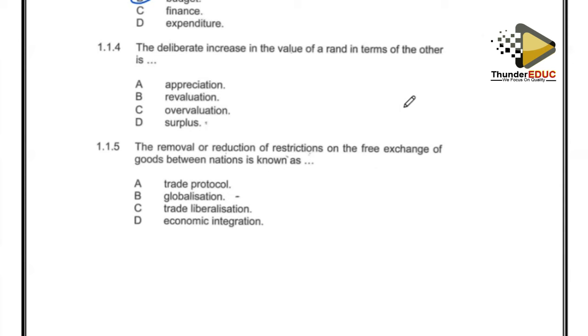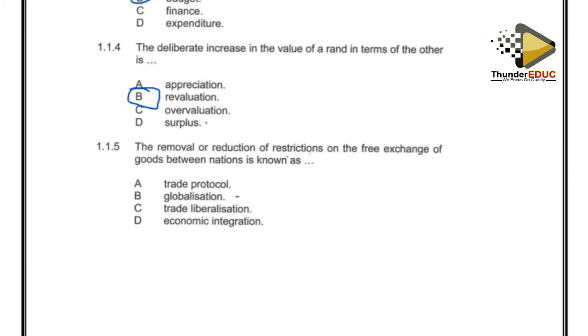So remember, grade 12s, only central banks are able to print money. There's no other institution that can engage in printing money or in regulation of the flow of money. Okay, right. So now let's check the appropriate answer that we have in this regard. The appropriate answer is revaluation.